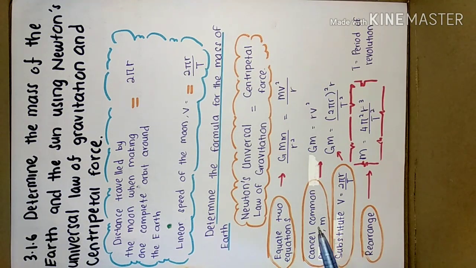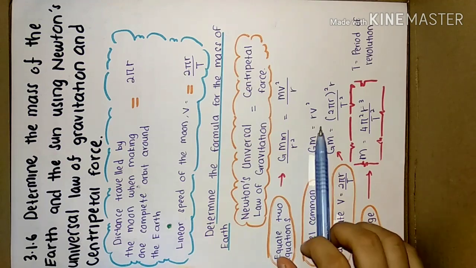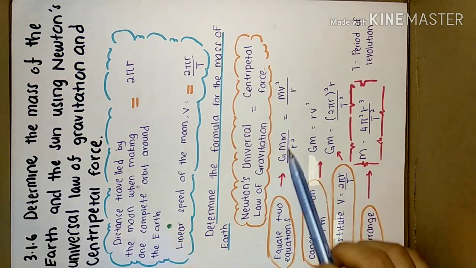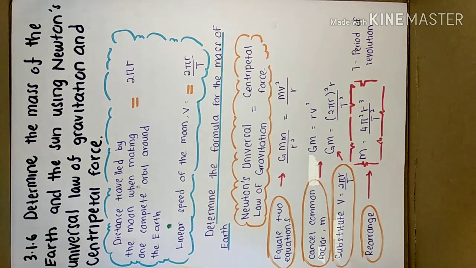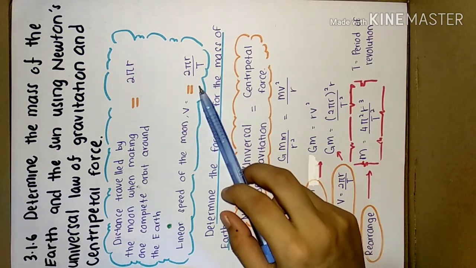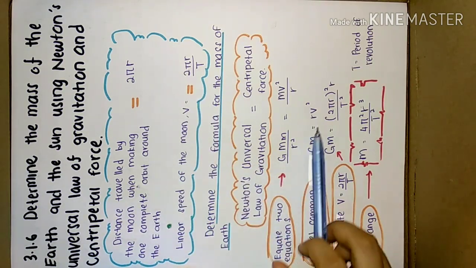And we cancel the common factor, which is mass, so we have Gm equal to Rv squared. So we must cancel this m and this m. And we substitute v, which is the speed of the Moon, 2 pi r over T, into this v.